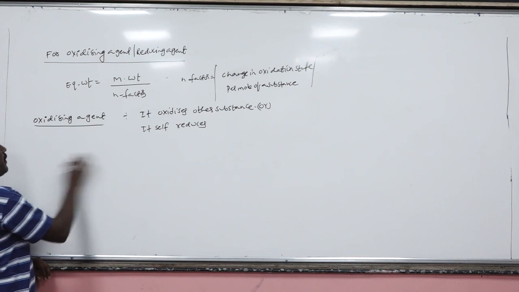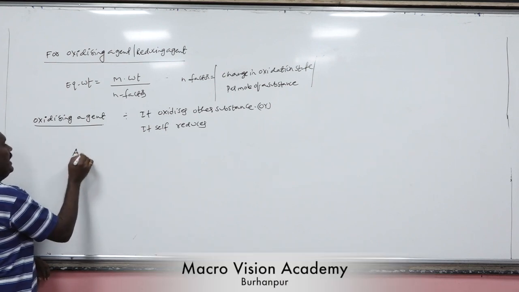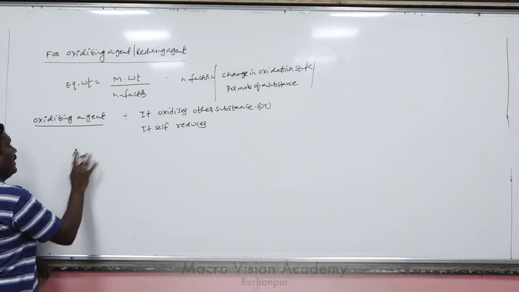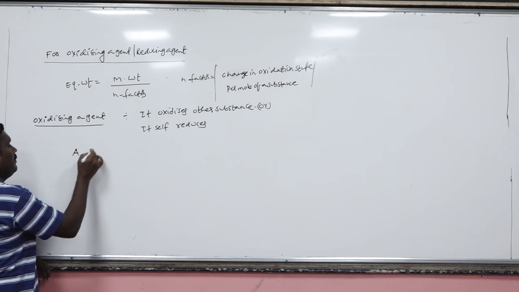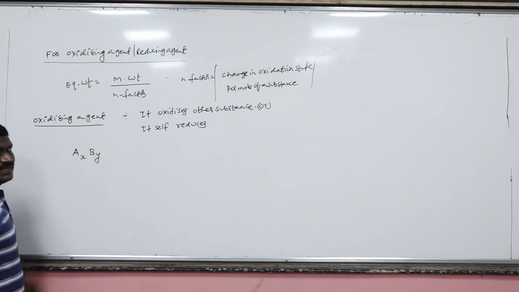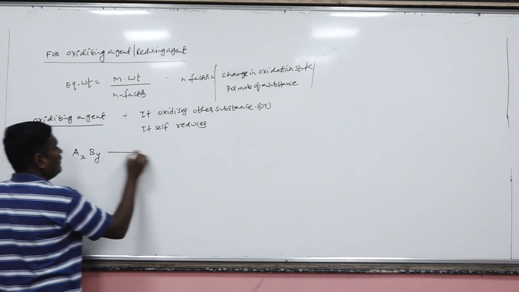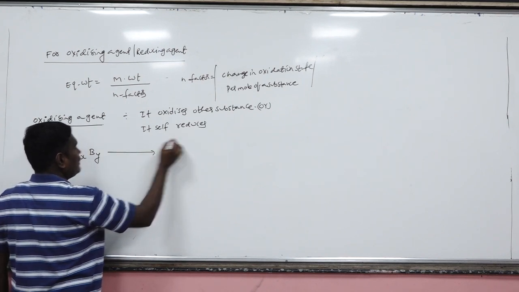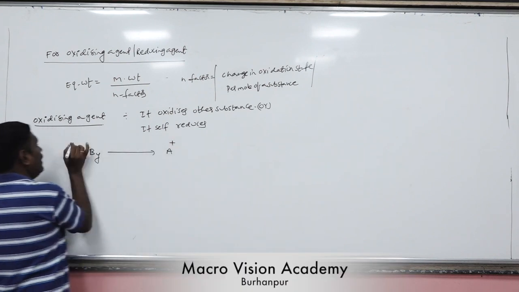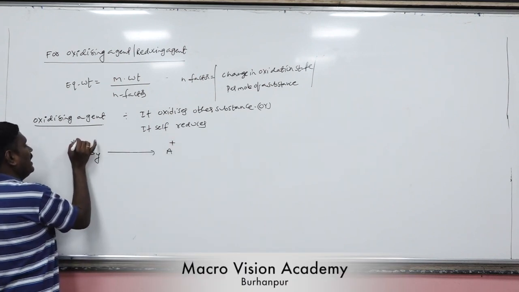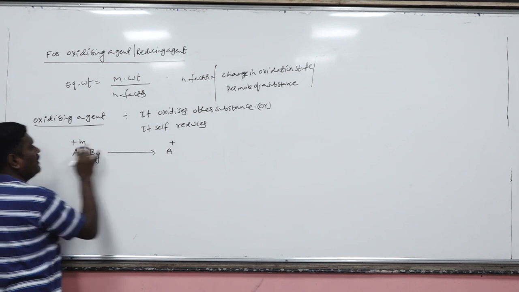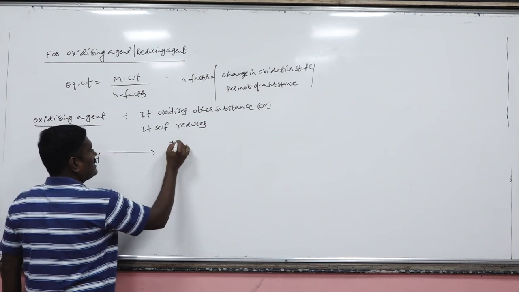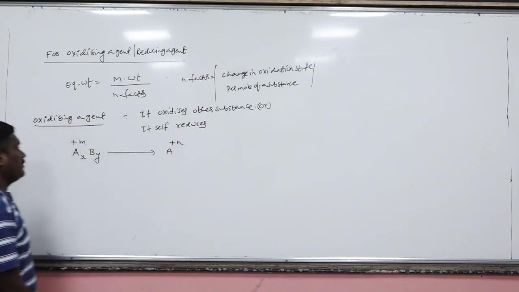Let's suppose A x B y, one substance is present. It changes to some A plus. Here the oxidation state of element A is M, and here element A is N on the product side.